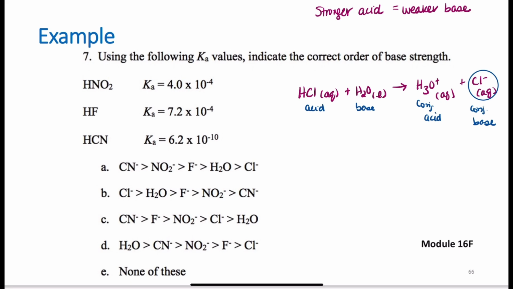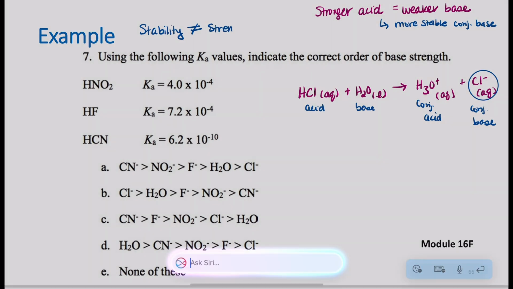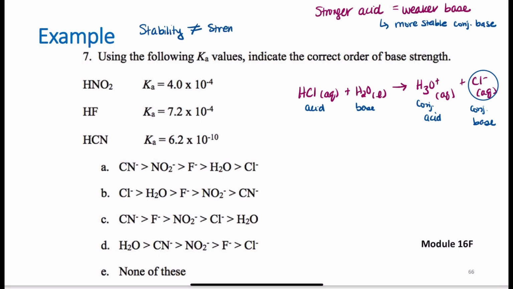Remember, it's because they have a more stable conjugate base. Stability does not equal strength. Stability is it doesn't need the proton. It doesn't want it back.